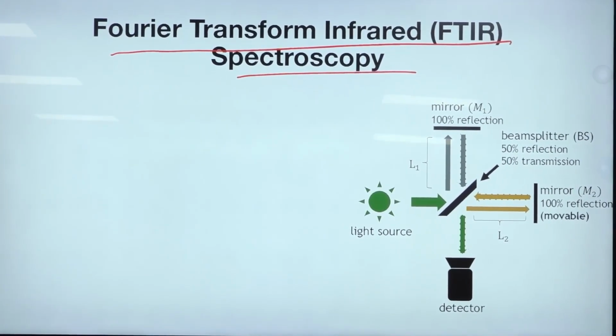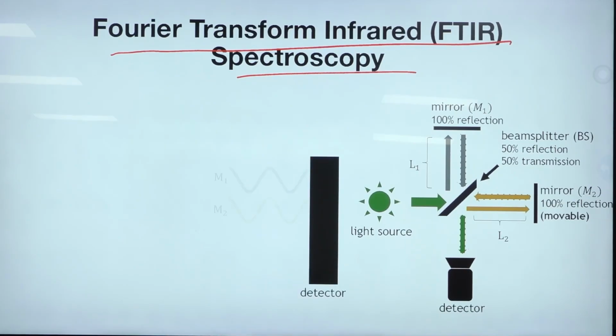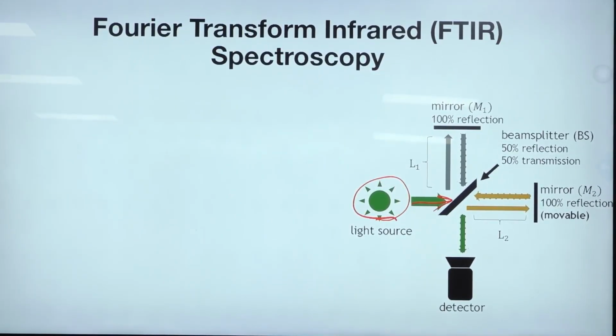In order to get a spectrum, you have a detector and a mid-infrared light source, which emits light and falls on a 50-50 beam splitter.